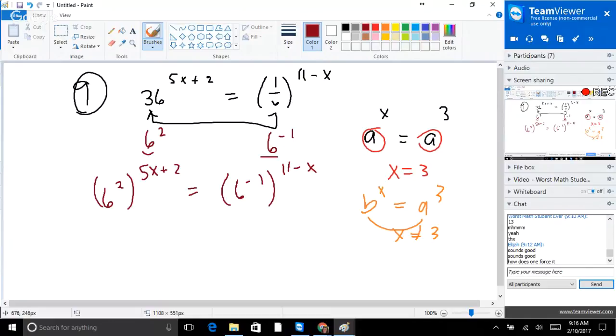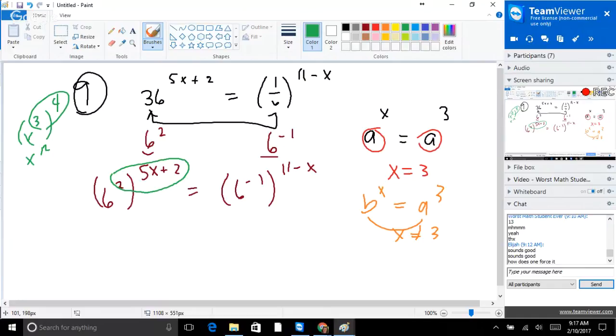Now if I simplify my exponents, I'm going to have two base 6s equal to each other, and I can use that exponent rule. What do I mean by simplifying the exponents? If you remember, if you have x to the 3 to the 4th power, you multiply your exponents together to get x to the 12th power.